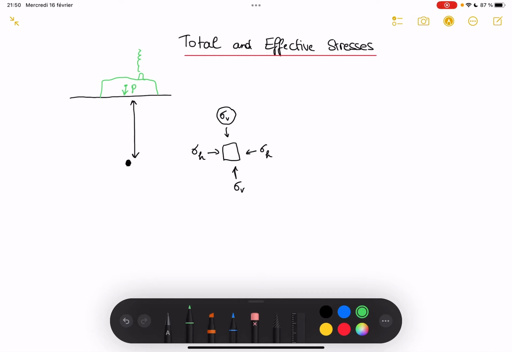So to start with, let's recall some symbols. Sigma is stress, which is equal to force over area.